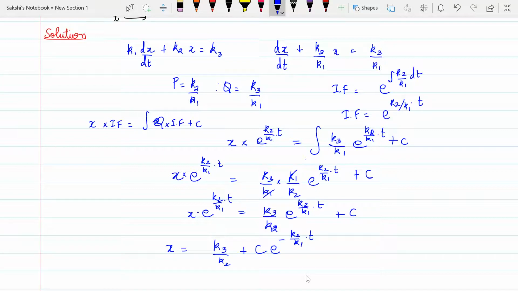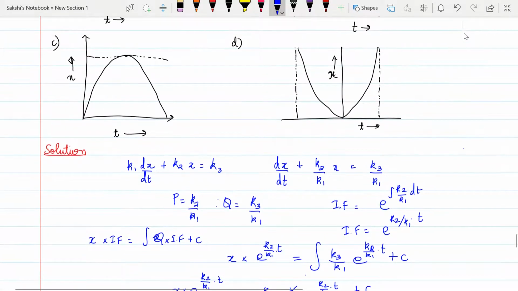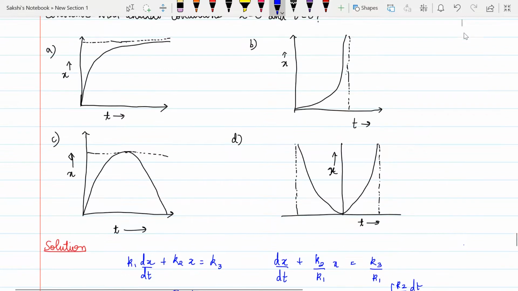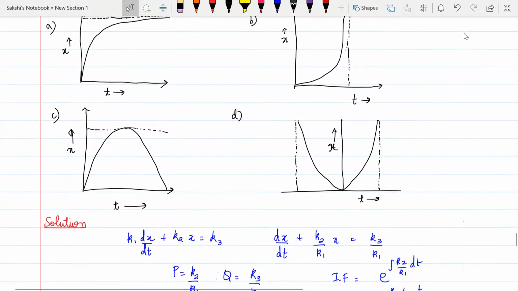So now I can say that this particular k3 by k2 is a constant and I have a constant over here. So let us see if we have any conditions given in order to find this integration constant. Yeah, we have the initial condition x is equal to 0 at t is equal to 0. So let us find this integration constant c, and then I'll let you know which graph suits the answer.